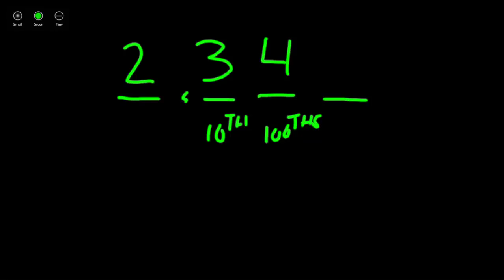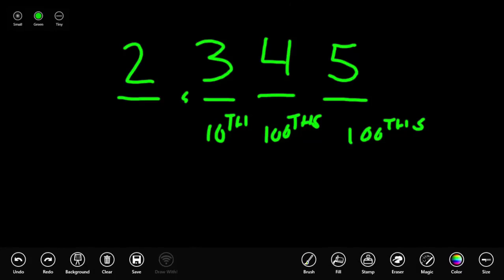Now let's add a number in the thousandths place. Remember, going to the right, we're getting even smaller. This is our thousandths place. Now we would read this number as 2 and 345 thousandths. Let's try comparing this number with another number.